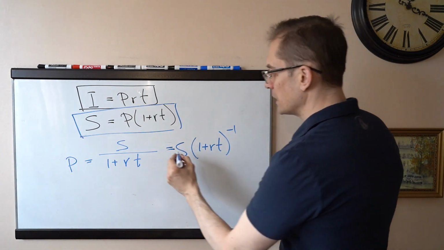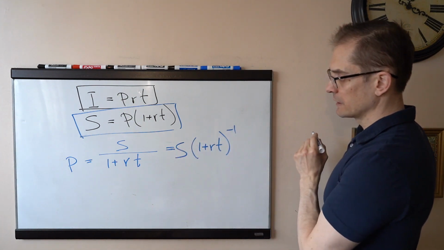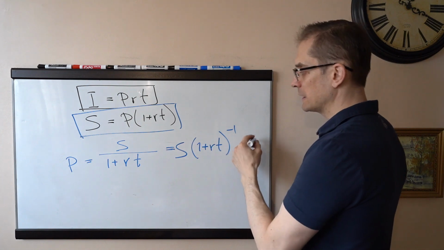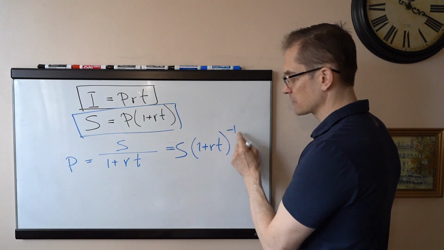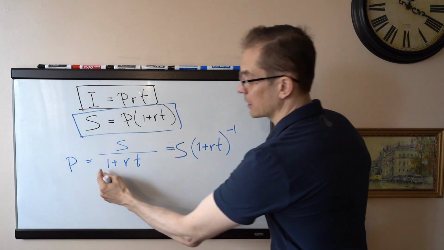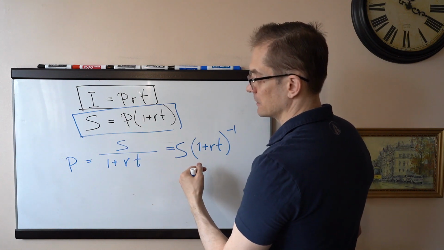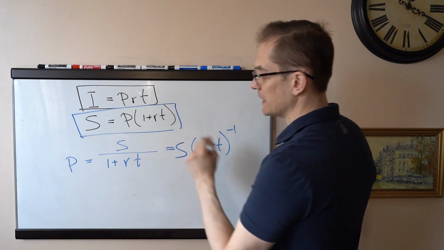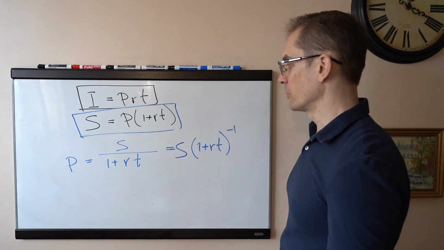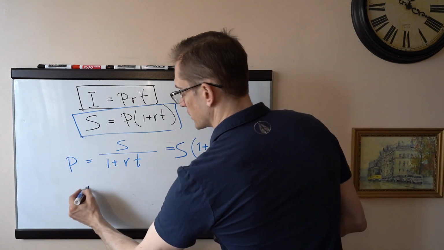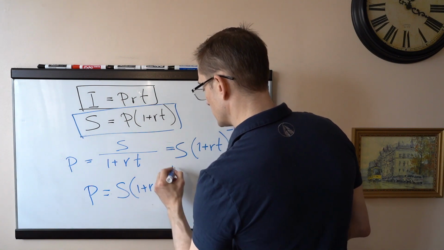It is a convenient thing to have, not only because it's a shorter way to write the expression, but also because in calculation I can just take the exponent minus 1, instead of calculating the bottom of the fraction and then dividing the simple future value by the denominator. It is much simpler to calculate that way. And let me write this formula more cleanly so that you keep it in mind for the future.